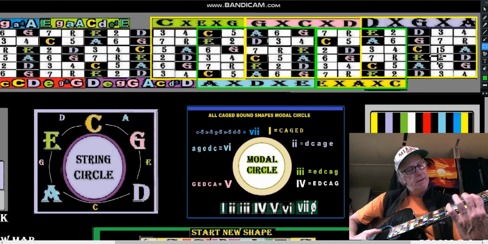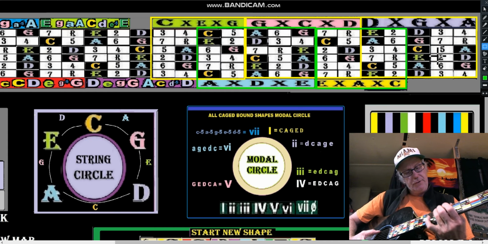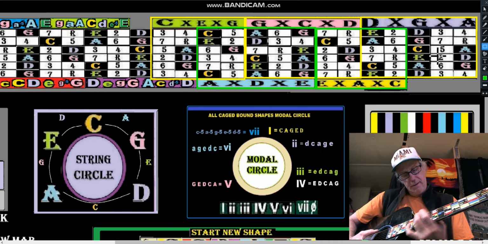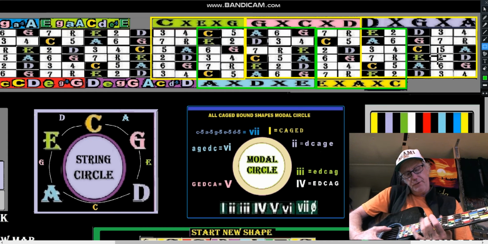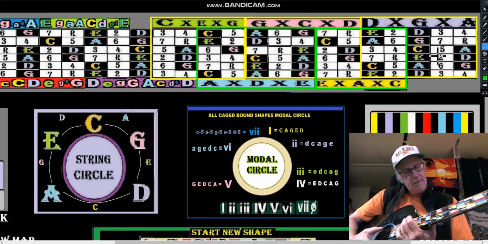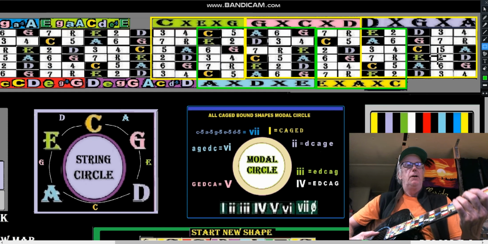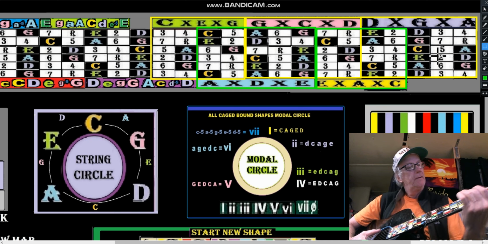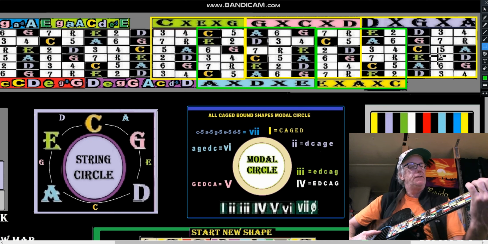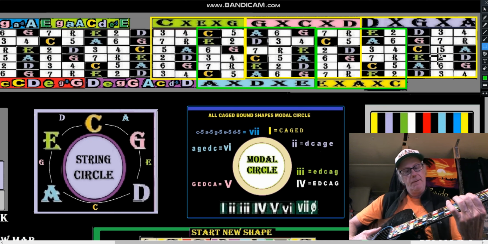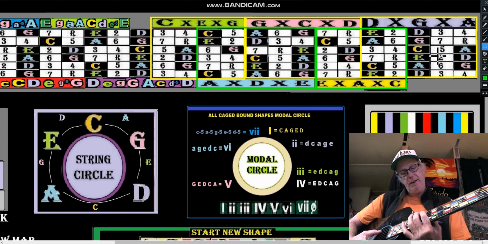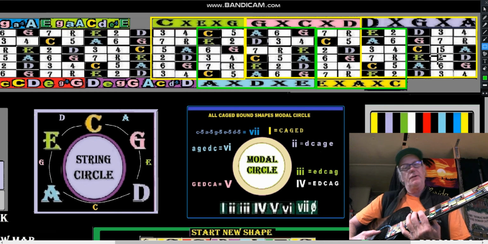It goes CAGED going to the right, ascending. So C goes to A, goes to G, goes to E, goes to D, and below C, what goes up from C is D. So the D and the C share the 3-4, and the G and the E share the 7 root.